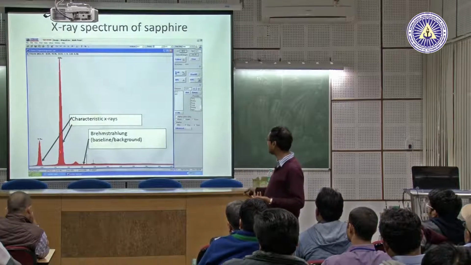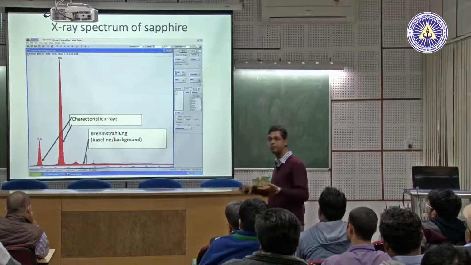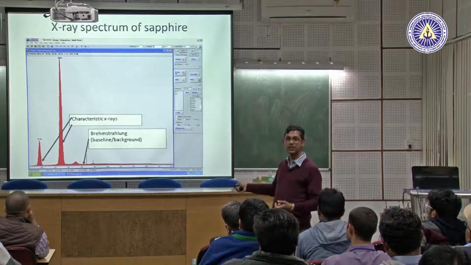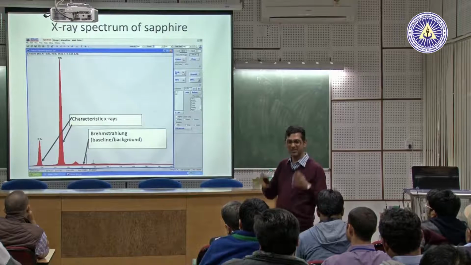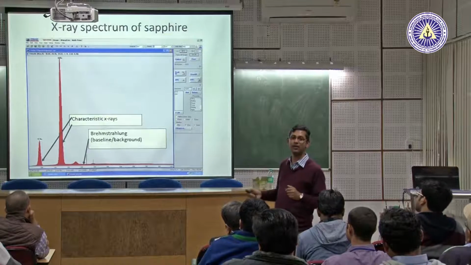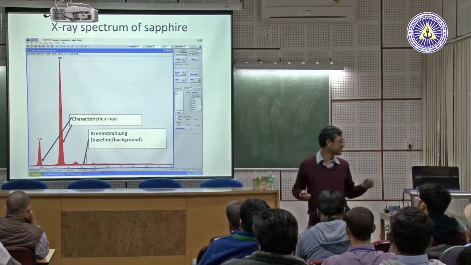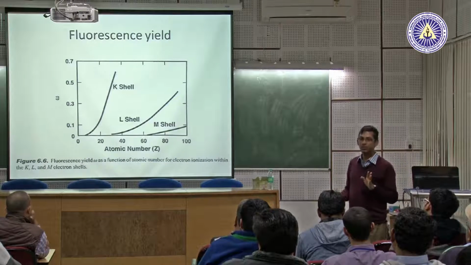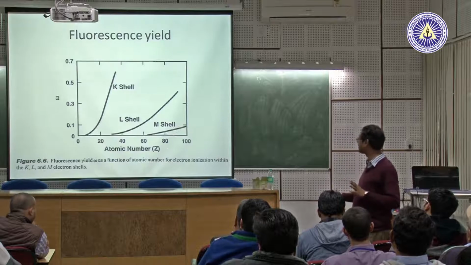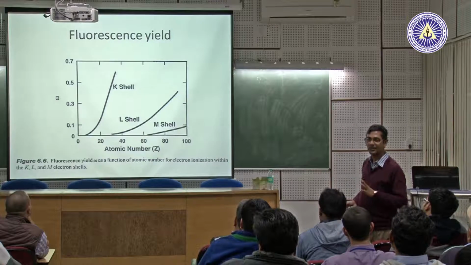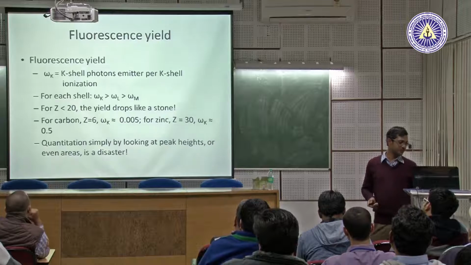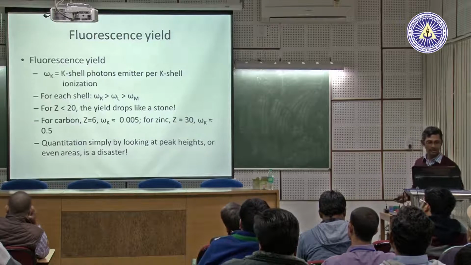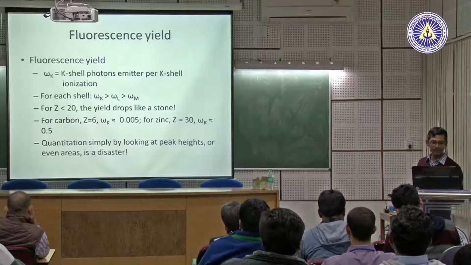But suppose I have an element which generates a K peak, L peak and M peak. I should use M to get the best measured composition, not the K or L peaks. This is exactly because the fluorescent yield is the lowest here, correct? So please remember this.